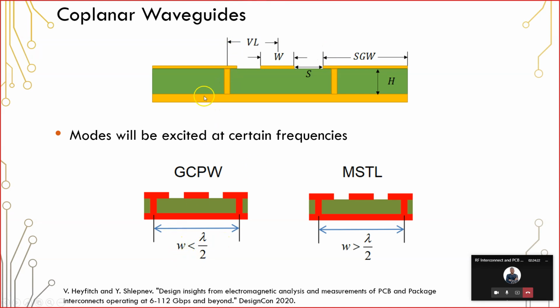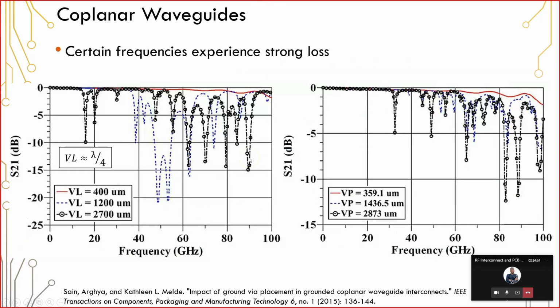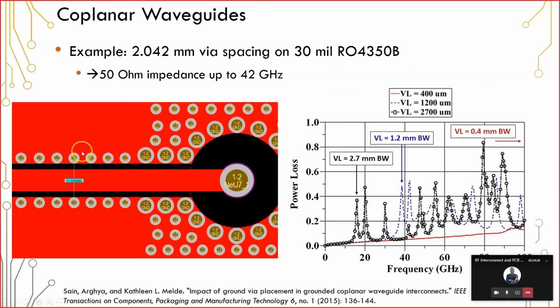And what this is telling you is that right at lambda over 2, or right at the frequency corresponding to a half wavelength equal to this distance, that frequency is where you will see this first peak in this power loss spectrum. And that frequency just happens to be 42 gigahertz. So this particular structure could reliably transmit power with low loss up to 42 gigahertz.